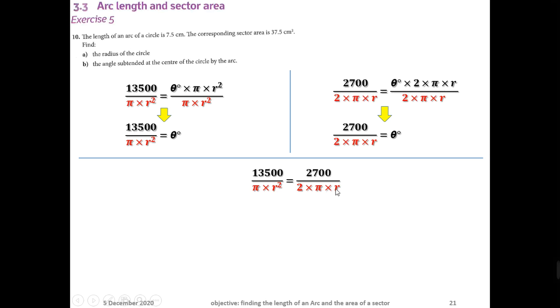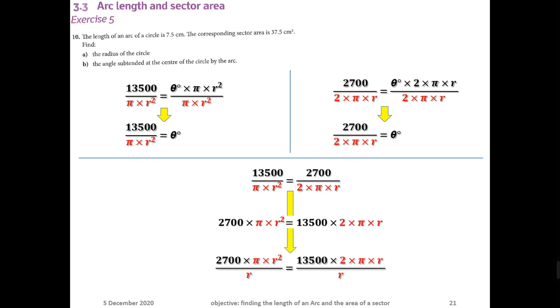So we must solve for r now, or make r the subject. The easiest way to do it is to cross multiply. How do you do that? You say 13,500 times 2 times pi times r equals 2,700 times pi times r squared.